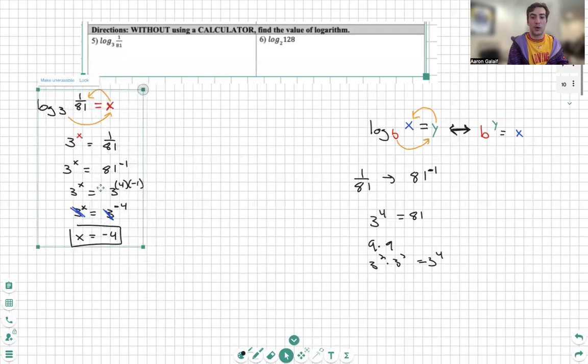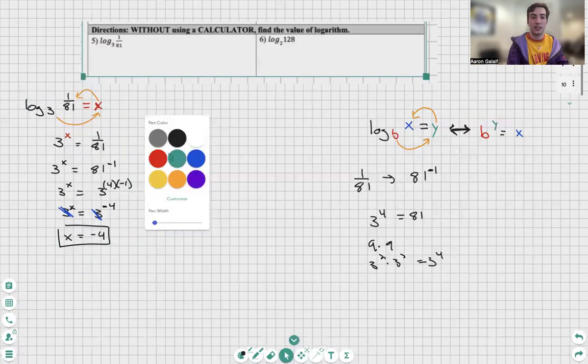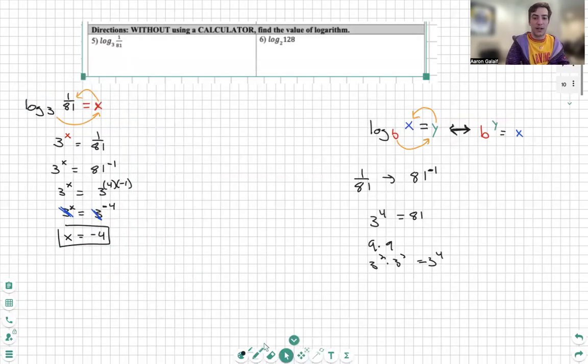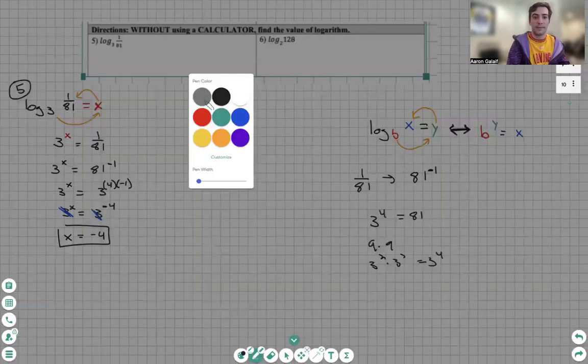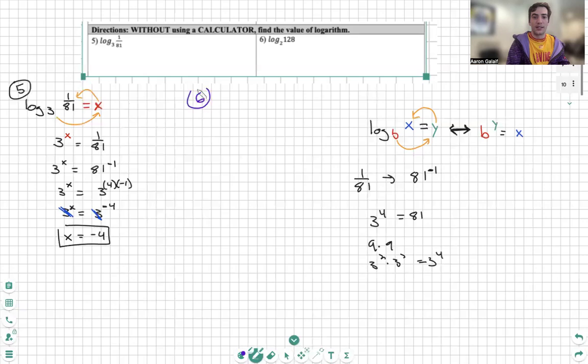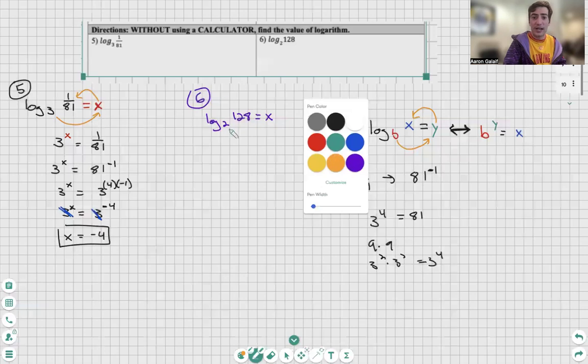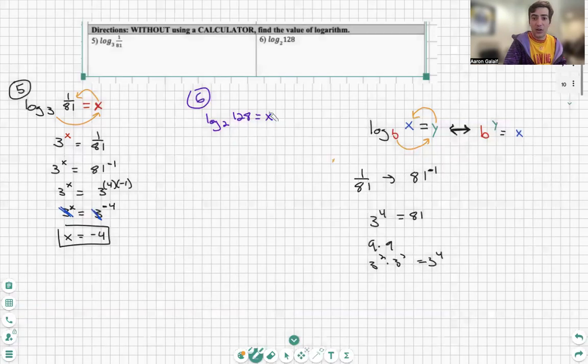So let's do another one for practice. This was number 5. Let's go ahead and do number 6. So again, log base 2 of 128 is equal to nothing, right? We have no equal sign. So we make the equal sign, we put our x, and we go ahead and make that snail.